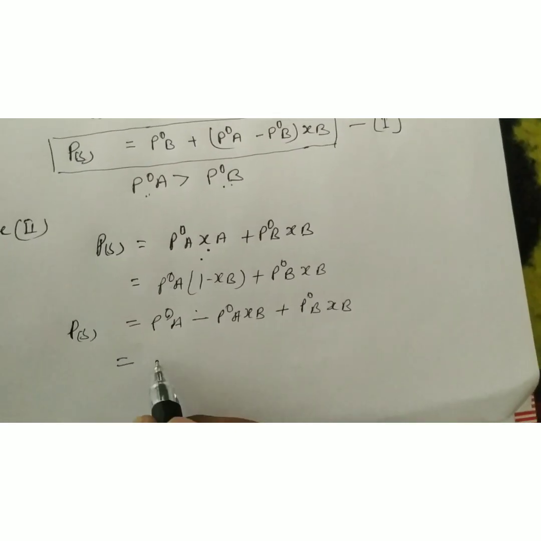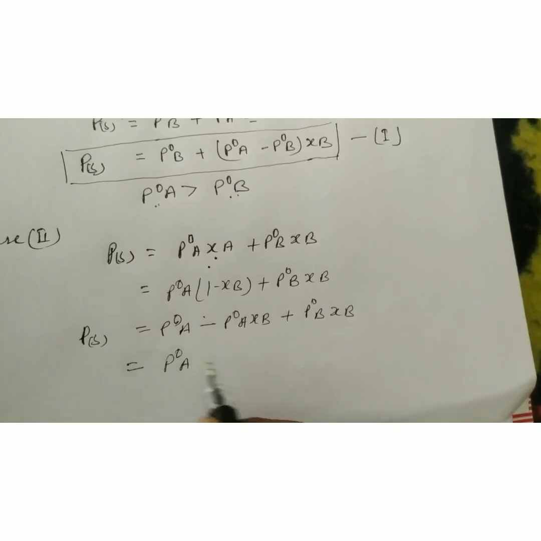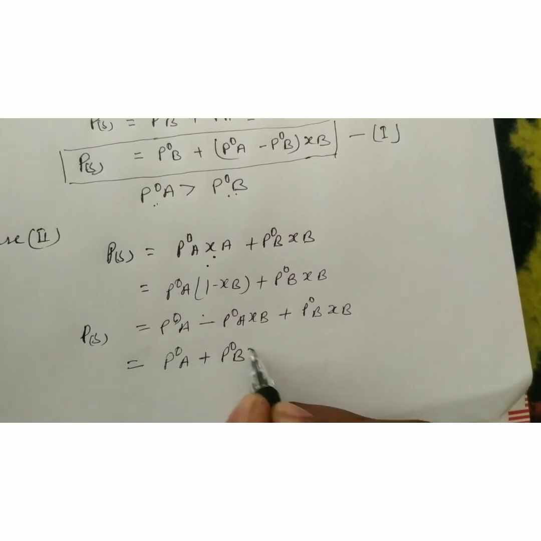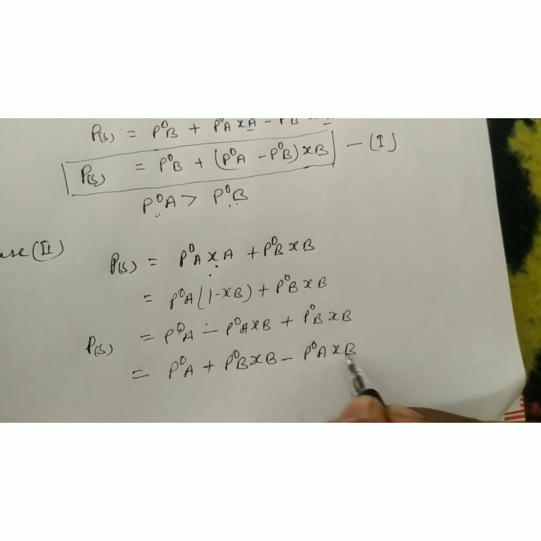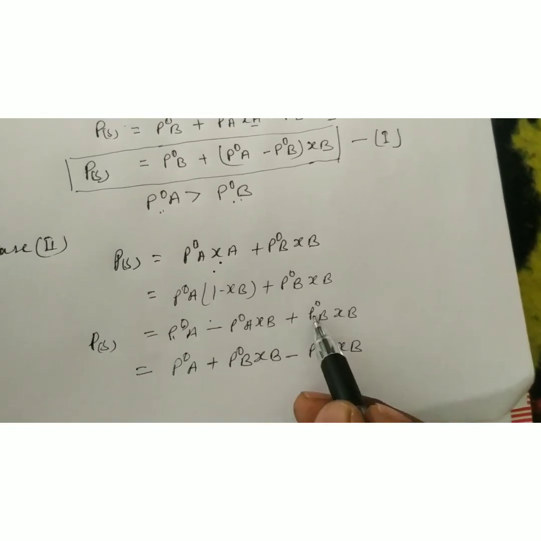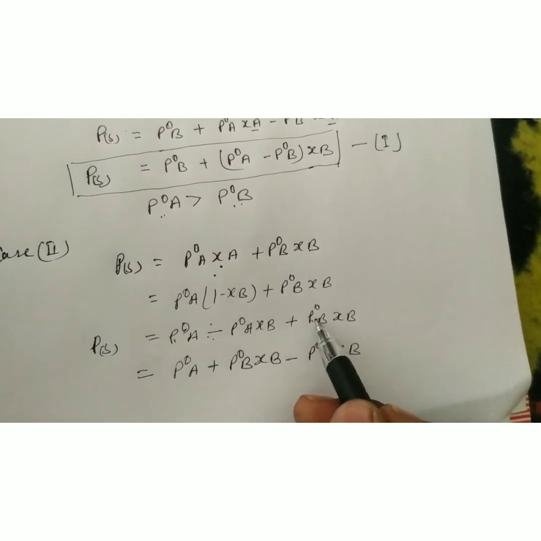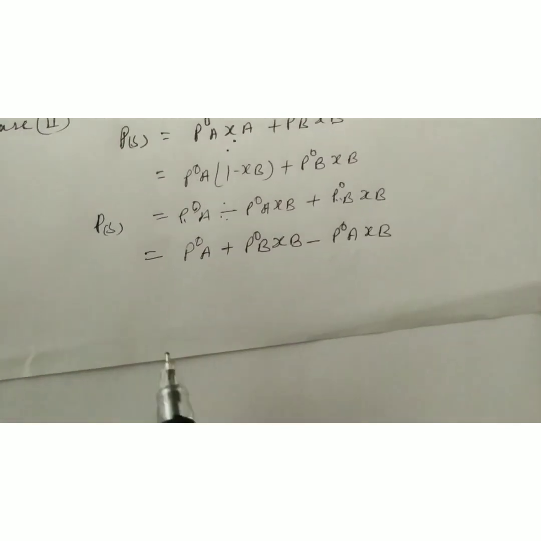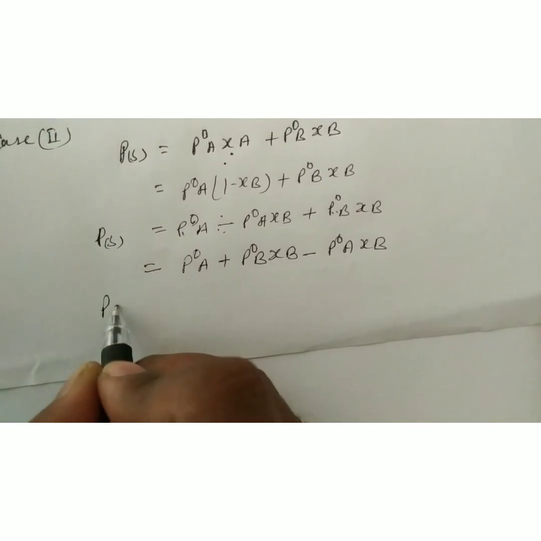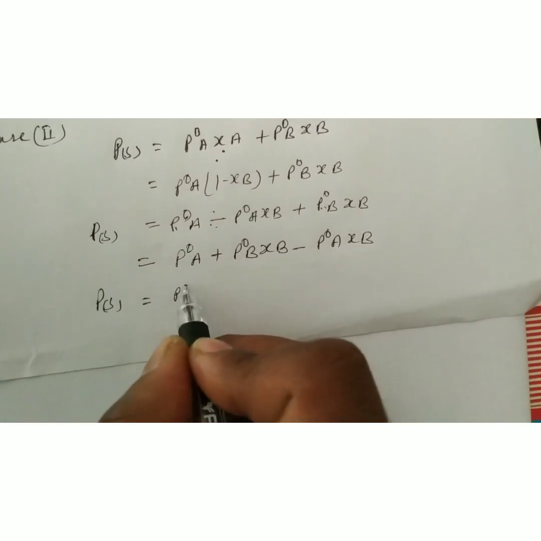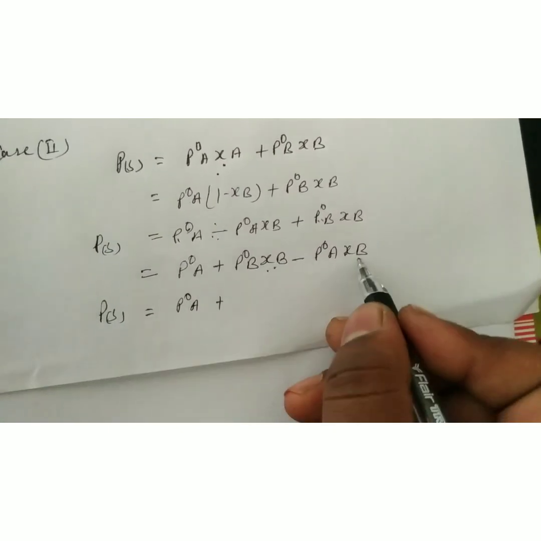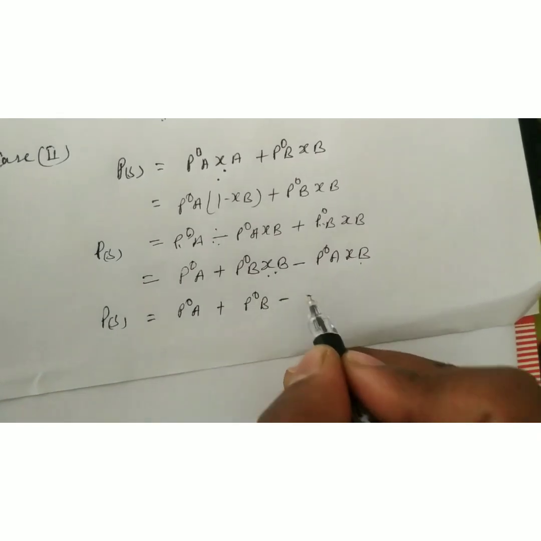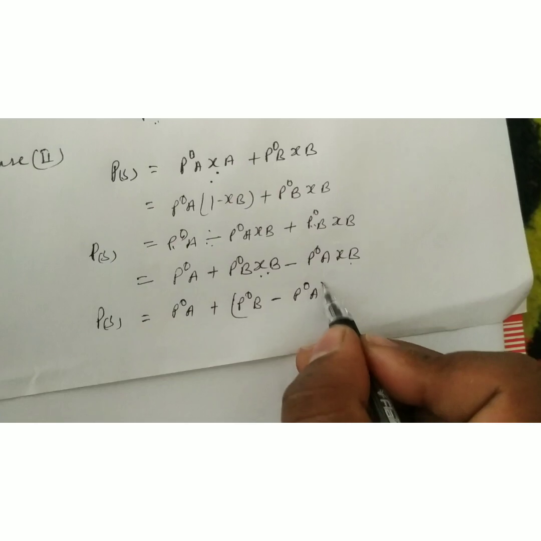So it will become P naught A plus P naught B XB minus P naught A XB, by rearranging this equation. Now we get the total pressure of solution equal to P naught A plus, here XB is common, so by taking XB common, it will become P naught B minus P naught A times XB.